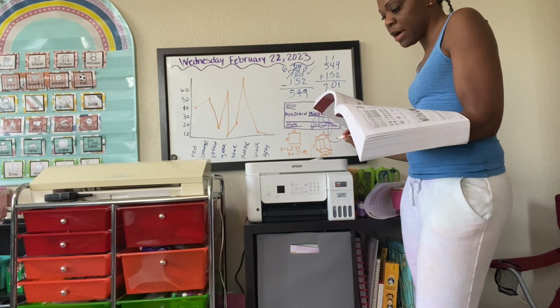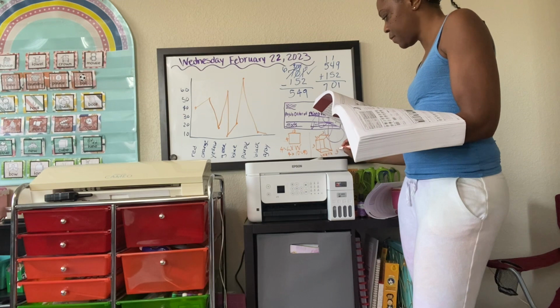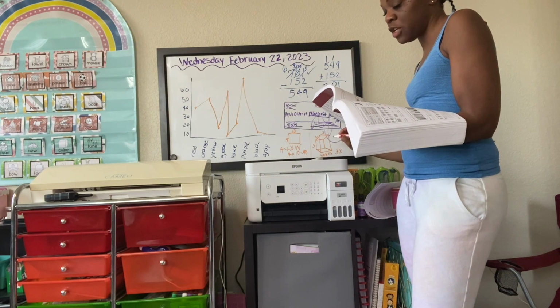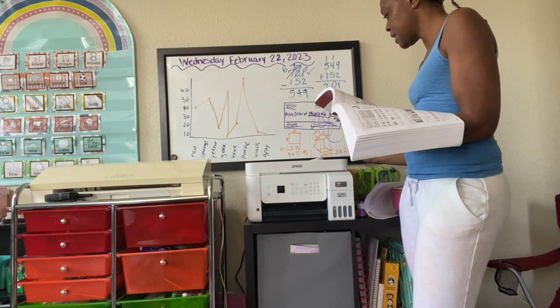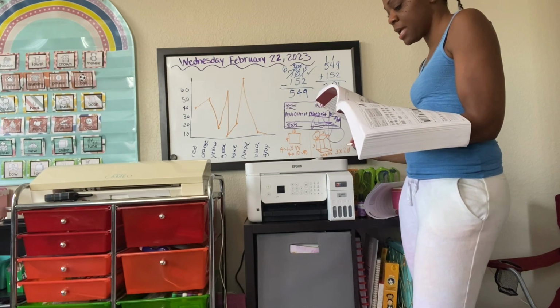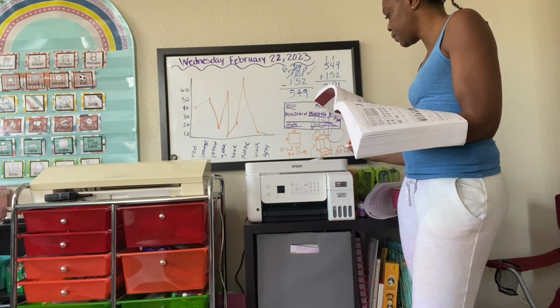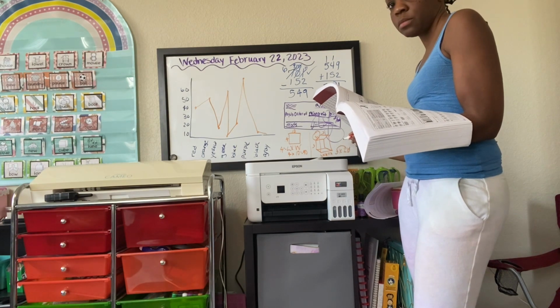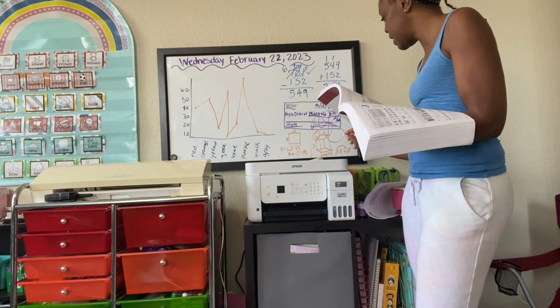So in this scenario, the length is going to be 3. The width, that's the new thing we're adding to the mix, is 2. What's 3 times 2? 6.